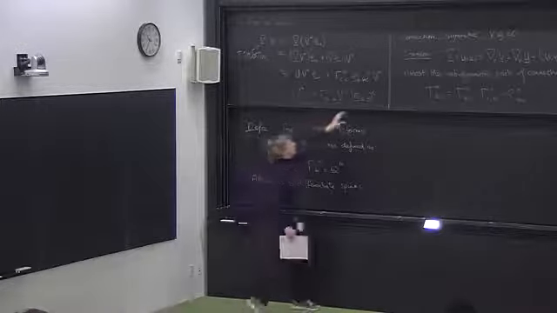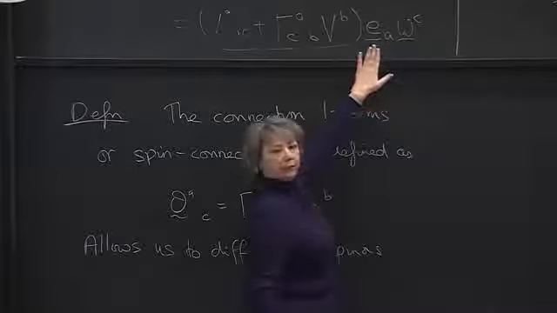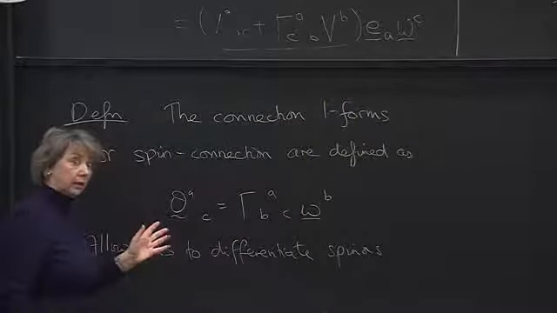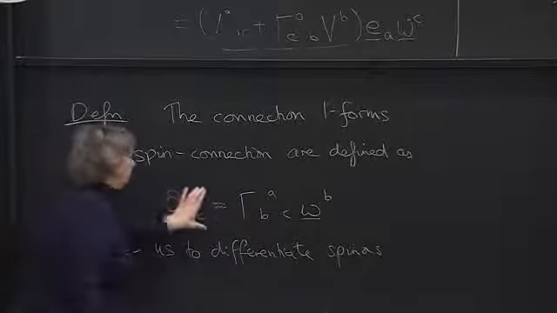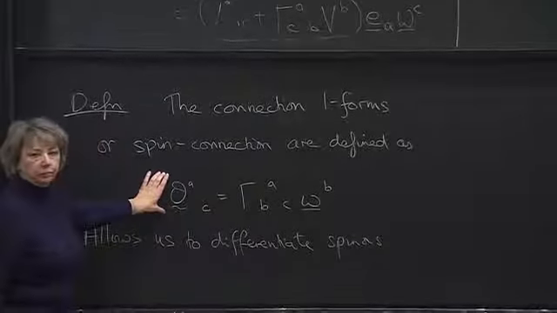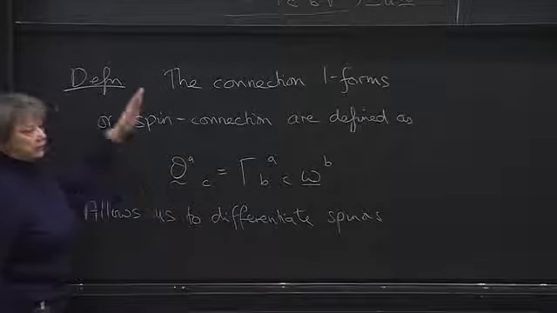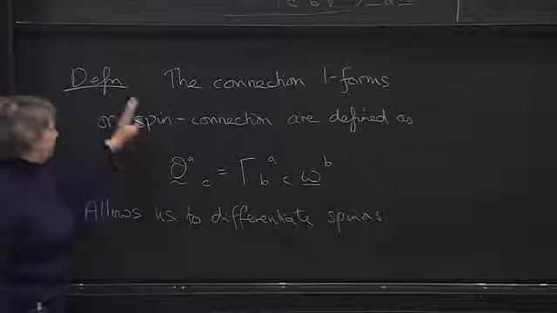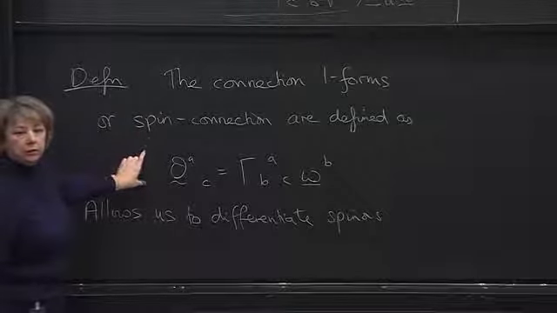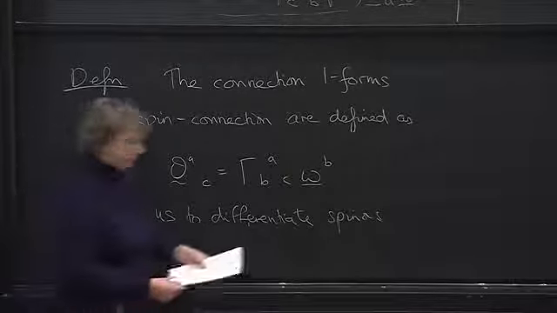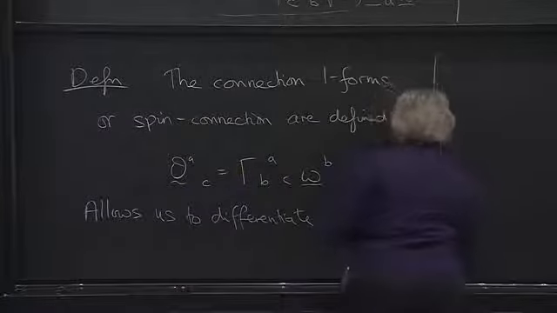But your curvature now resides here, and when you take a derivative of your spinor, you have this connection one form coming in. This is the rationale for why this formalism gets used, and if you are doing supergravity, you'll need to use this method or this way of writing things.